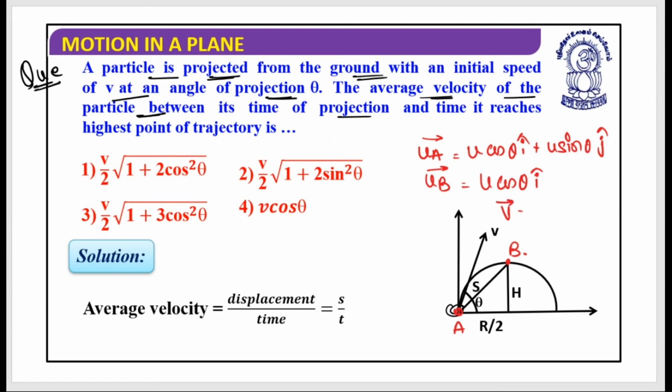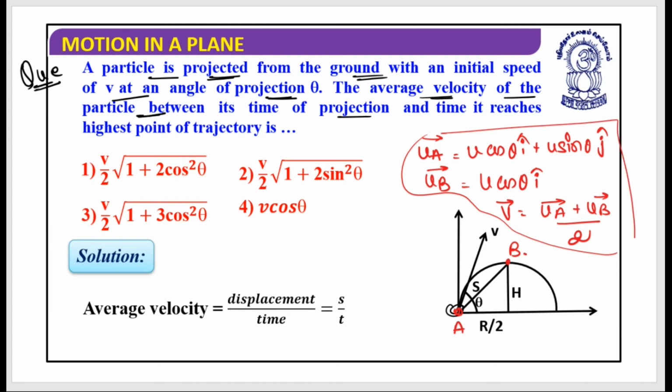Then V equals uA plus uB divided by 2, and things will be done. This is the approach that we have already used in this numerical. Now this is just a different approach.